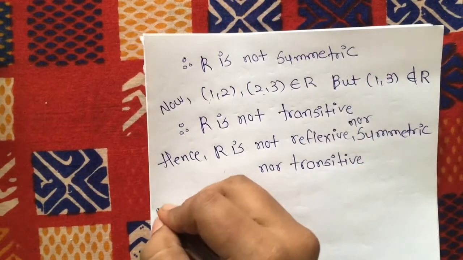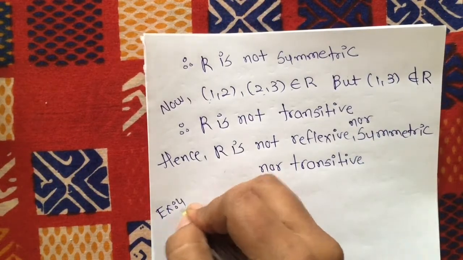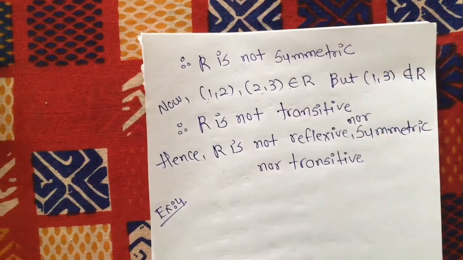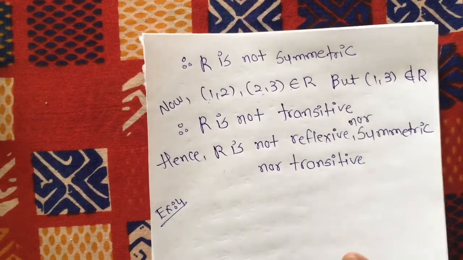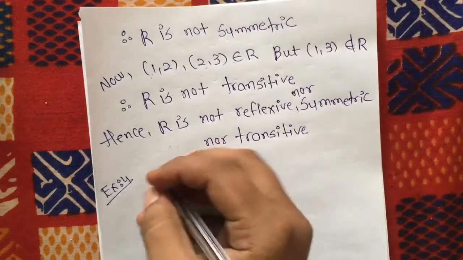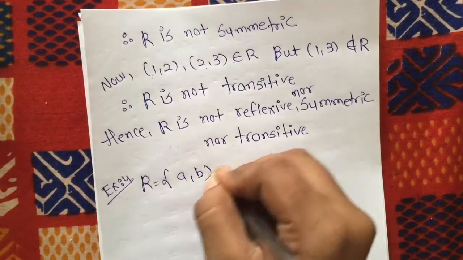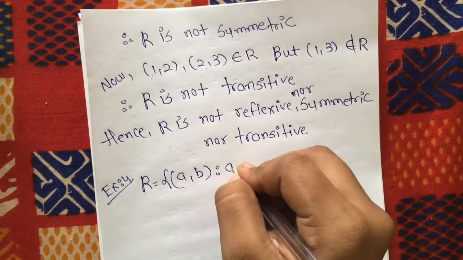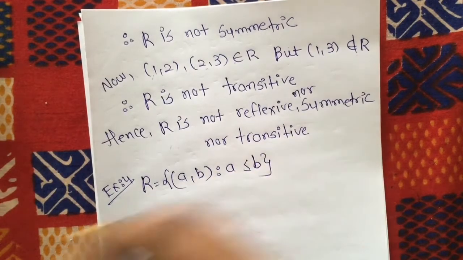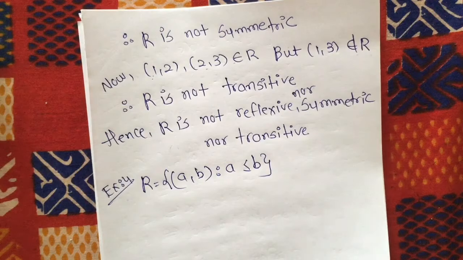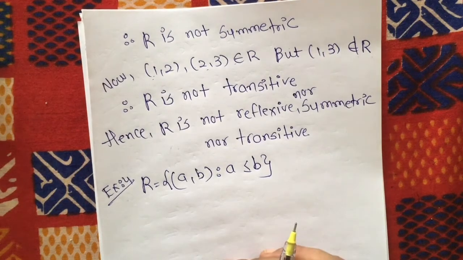Okay, now move on to the next, which is example number 4: show that the relation R in ℝ, defined as R = {(a, b) : a ≤ b}, is reflexive and transitive but not symmetric.